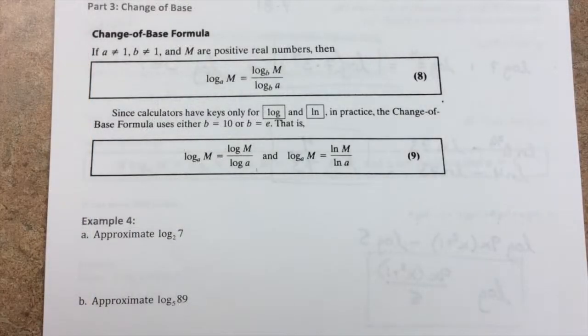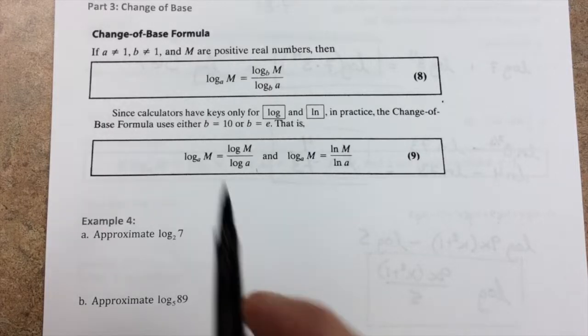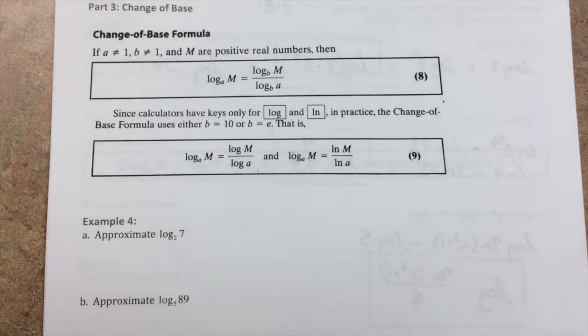The last property of logs that we really want to talk about is something called the change of base formula. Before we had super fancy calculators like the ones we have, where we could just choose any base, in order to figure out a log of something that's not log base e or log base 10, using tables, we would use a change of base formula.